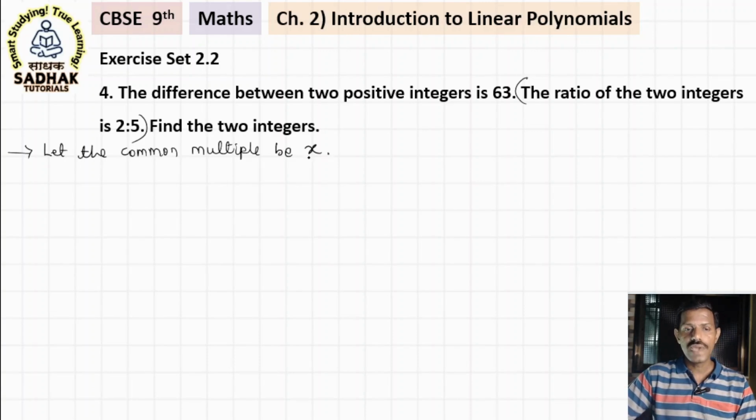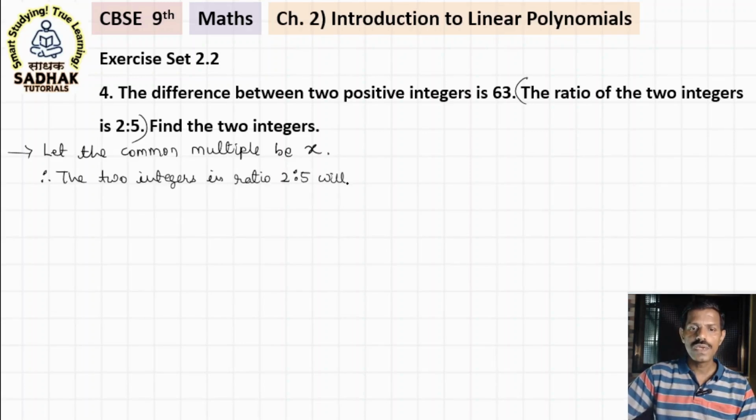Let the common multiple be x. Therefore the two integers in ratio 2:5 will be 2x and 5x. Okay, the two integers will be 2x and 5x. So we got the two terms which are required for making the equation.